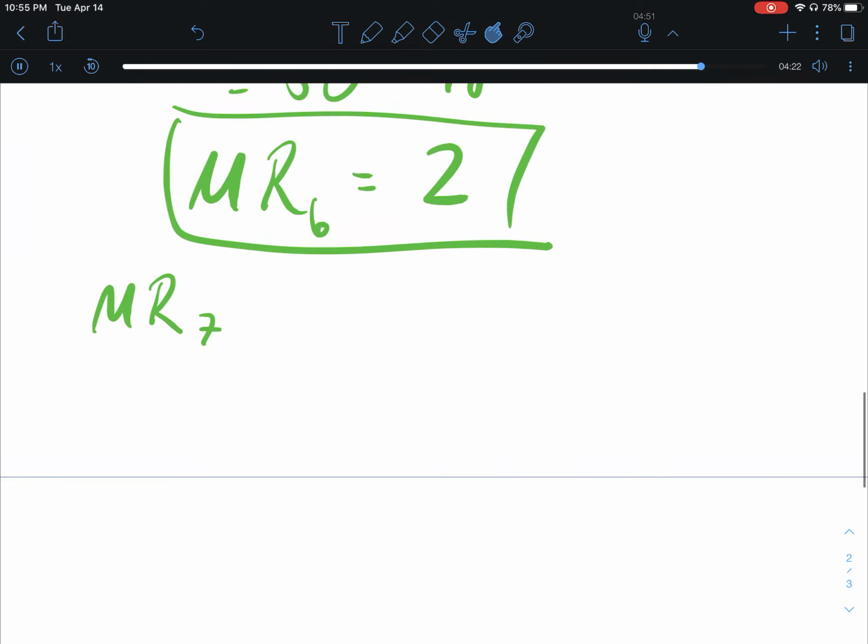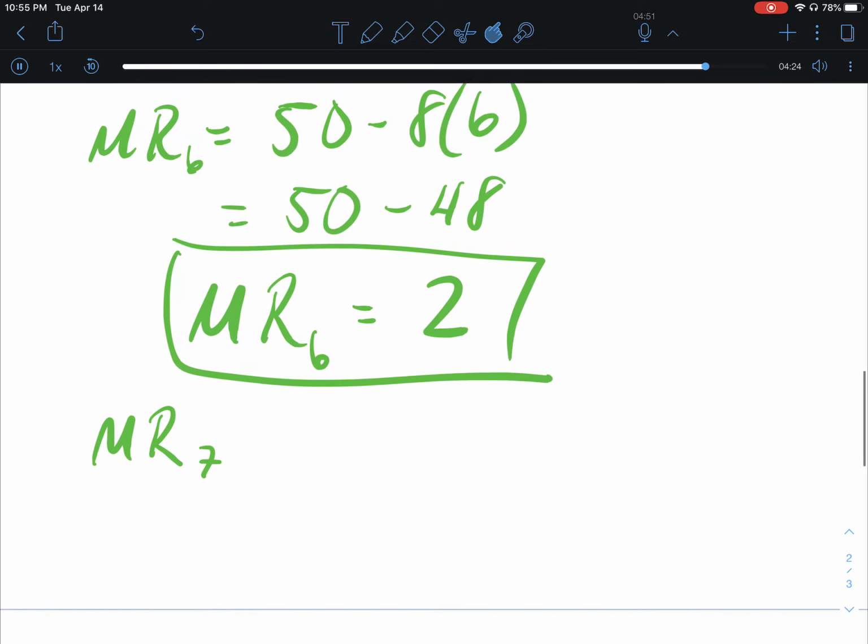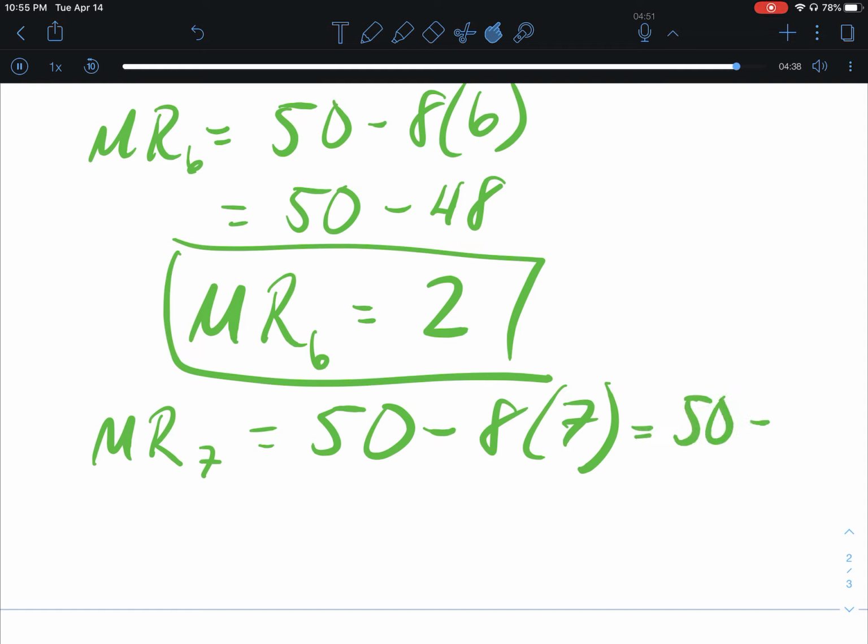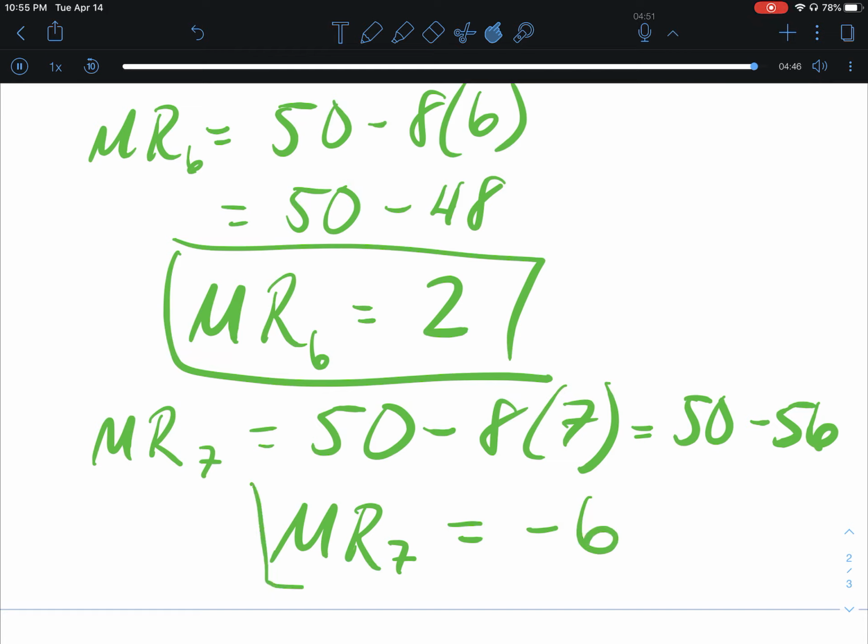Marginal revenue for 7, let's put this 6 up here to make it clear. Marginal revenue for 7 is equal to 50 minus 8 times 7, which is 50 minus 56. So marginal revenue from producing 7 units is -6. And that is it for the first figure it out problem.